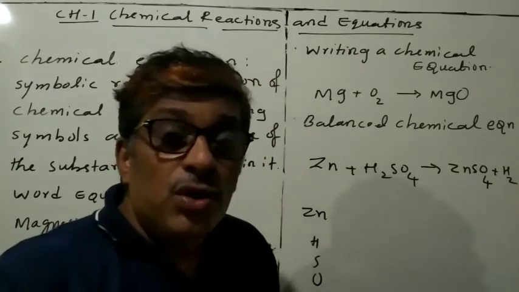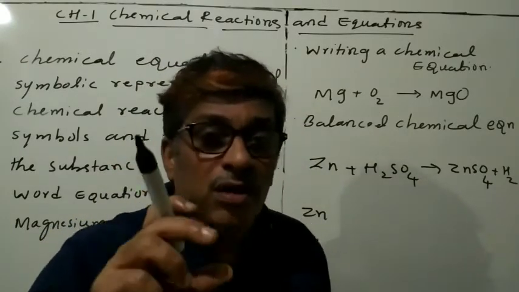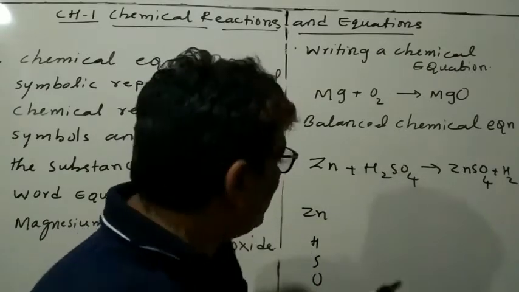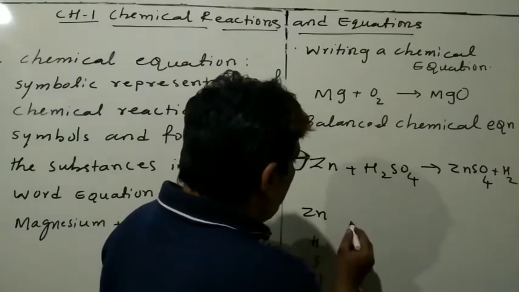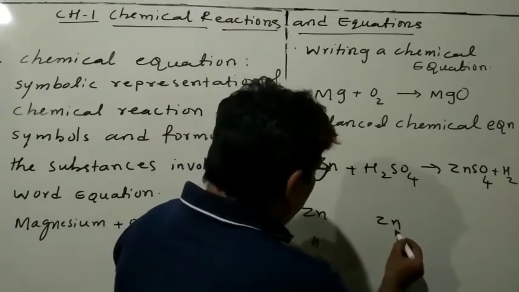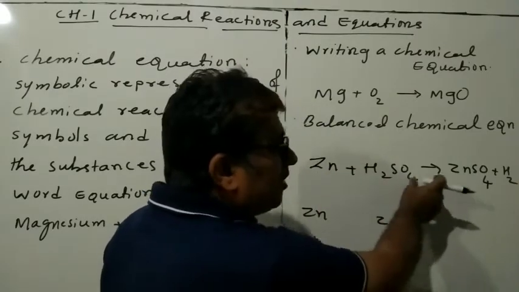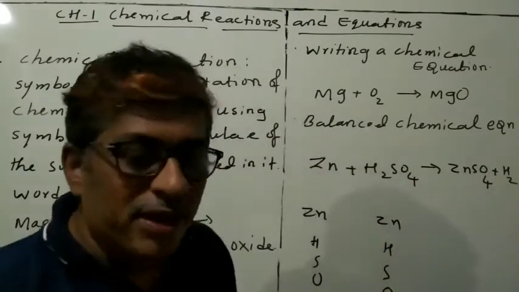Yes, students, first of all you should know recognizing the elements and their symbols. This is so important. And the same elements will be there on the right-hand side also.